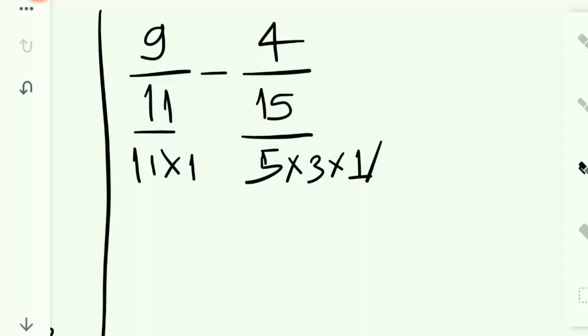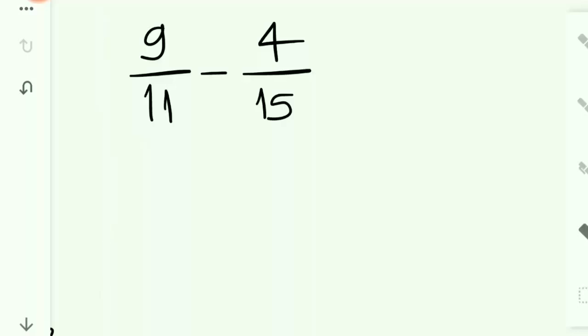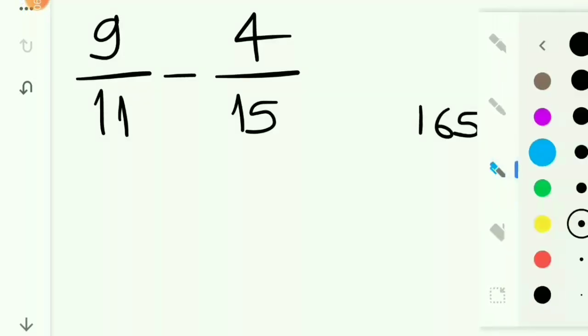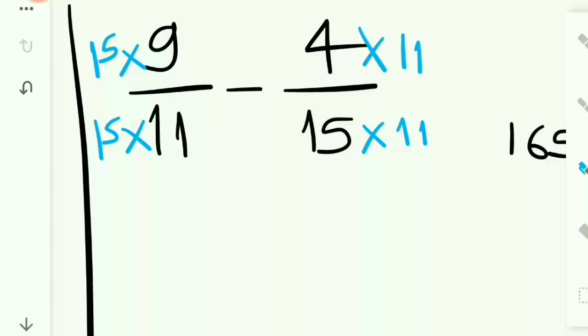Only 1 is a common factor. So we have to multiply all, that is 15 into 11. So what is the LCM? It is equal to 165. Multiply by 15 here, and here by 11.